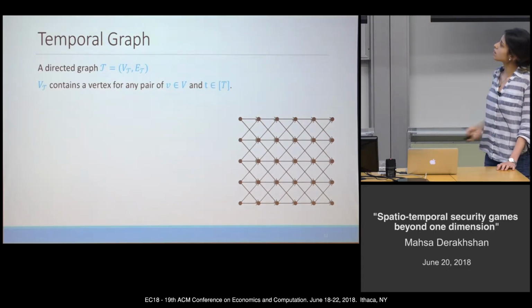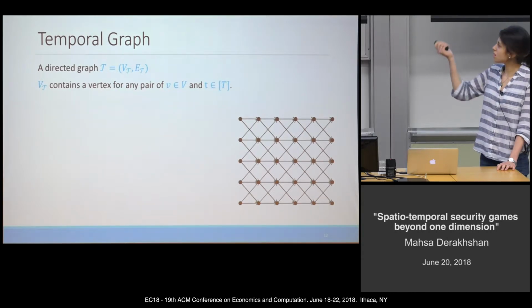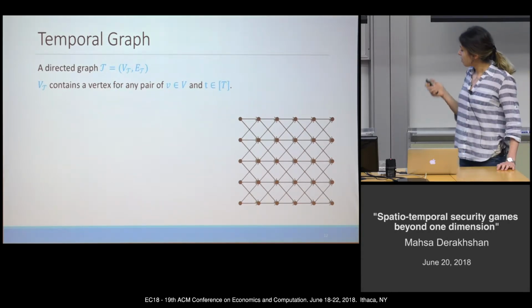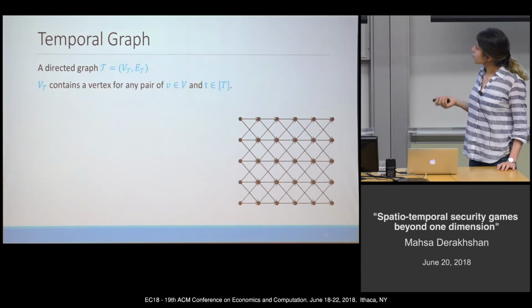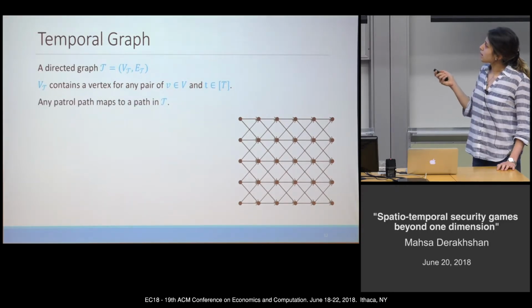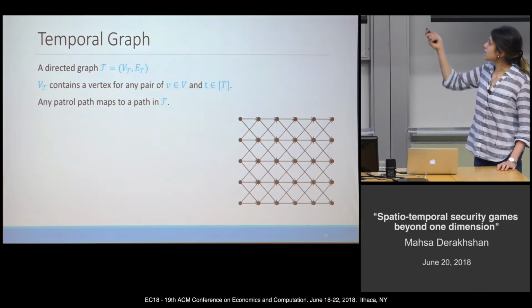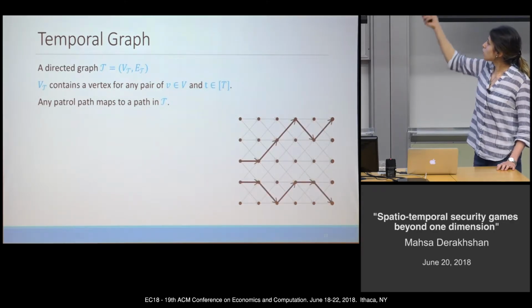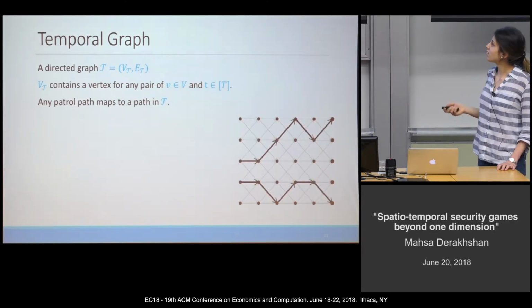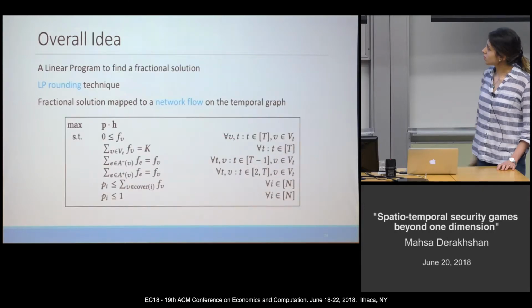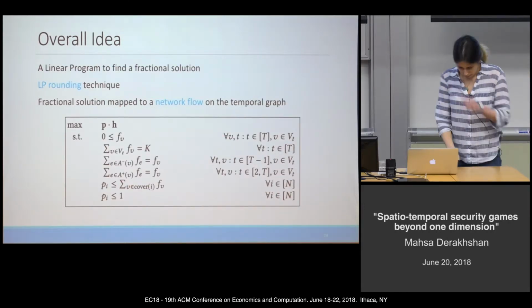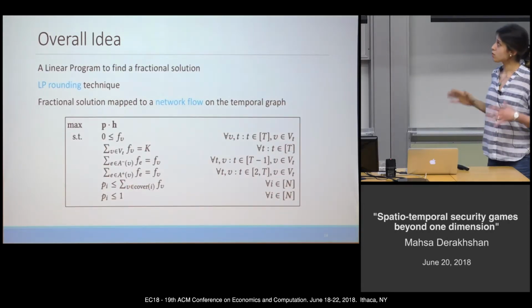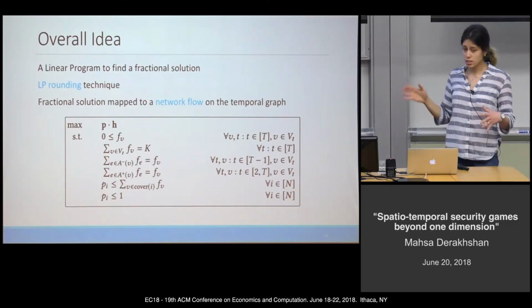This is just a representation for the one-dimensional case because it's simpler to represent. Any patrol path here maps to a path in this graph. For example, these are two patrol paths in this graph.